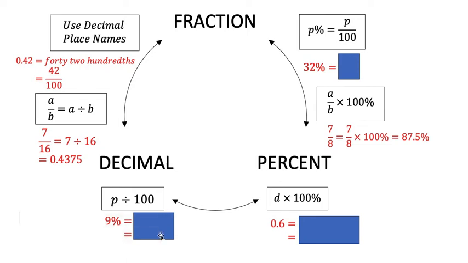Now, we need to convert from decimal to percent. So 0.6 is our decimal, and we're converting that to a percent. 3, 2, 1. So we can take the decimal version and multiply it by 100%, meaning multiply by 100 is like moving the decimal place over 2 spaces.